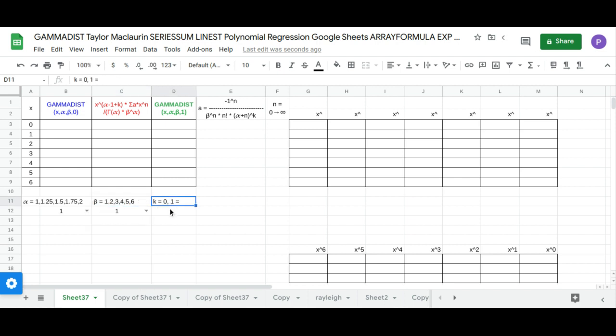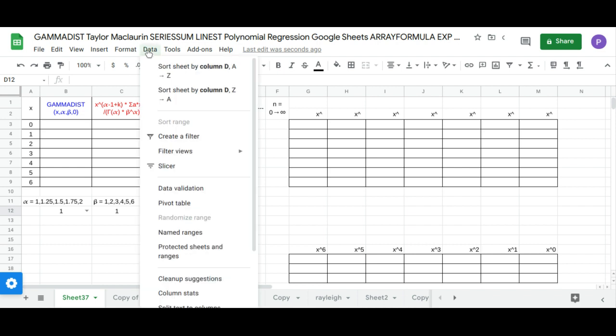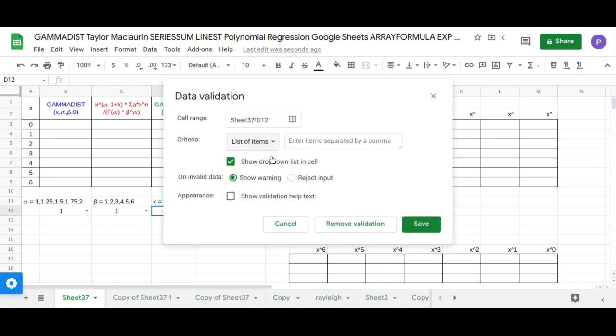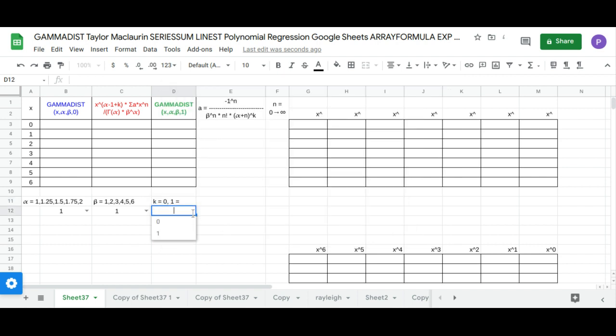And value for k will be data validation, list of items, and this will be 0 or 1. 0 if it is probability density function, 1 if it is cumulative distribution function. So your values are 0 or 1.